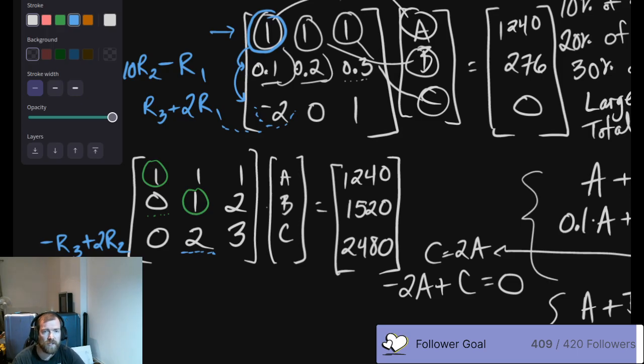All right, in addition, we can also keep this 1 here, but then get rid of this 1 here in the first row, second column. So if we add, subtract, I guess. Take row 1 and subtract row 2 from it. We're going to end up with negatives in this case. It's all right, I guess. There's a reason.